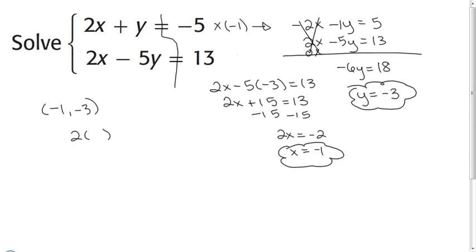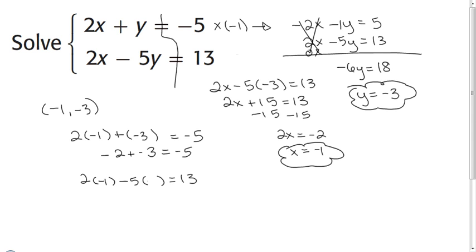It has to make both the first equation and the second equation true. So in my first equation, x is -1, y is -3. I get -2 plus -3 equals -5. And in my second equation, again, x is -1 and y is -3.